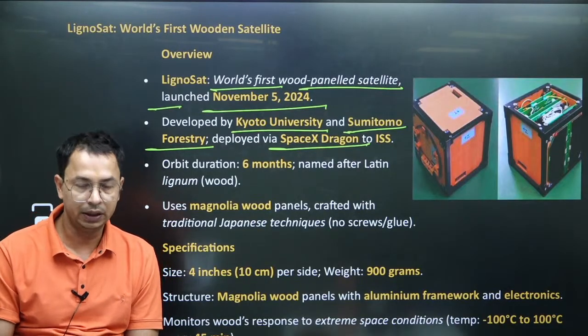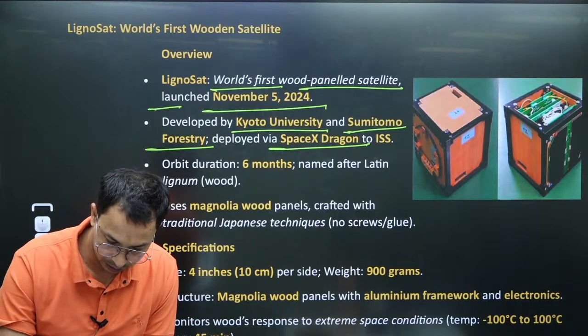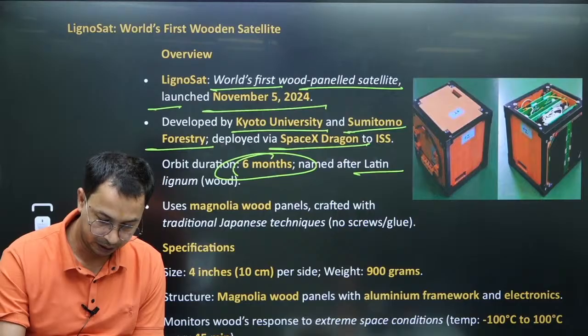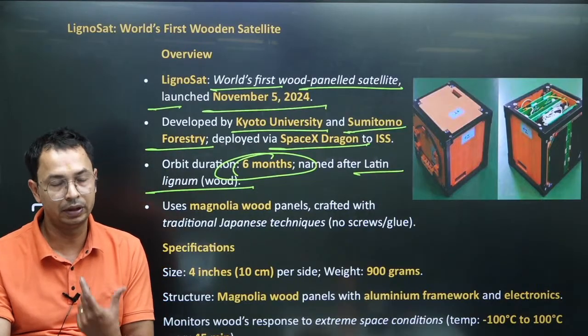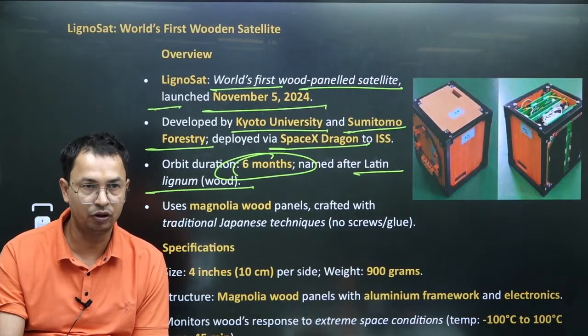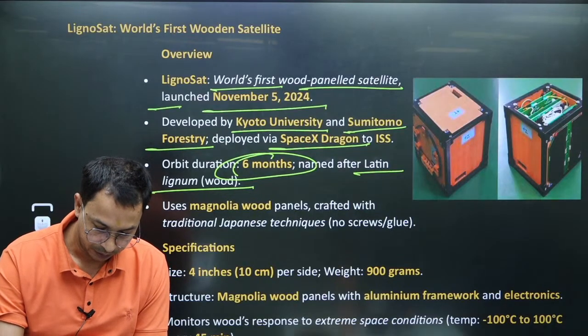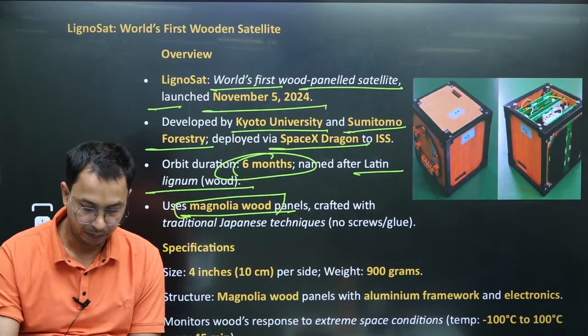So orbit duration, it will orbit for 6 months, and the name came from lignum, which is the Latin name for wood, and it will use magnolia wood.